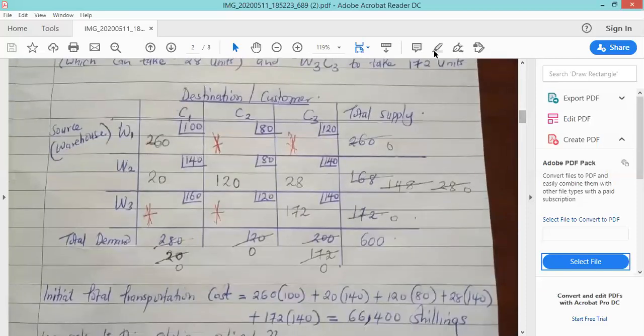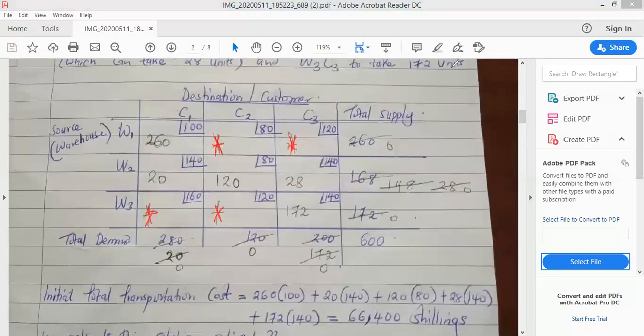My empty cells here, I've marked them using a red color. Let me even mark them again. That is an empty cell. This is also an empty cell. Another one here. This is also an empty cell. And these are 4 empty cells.